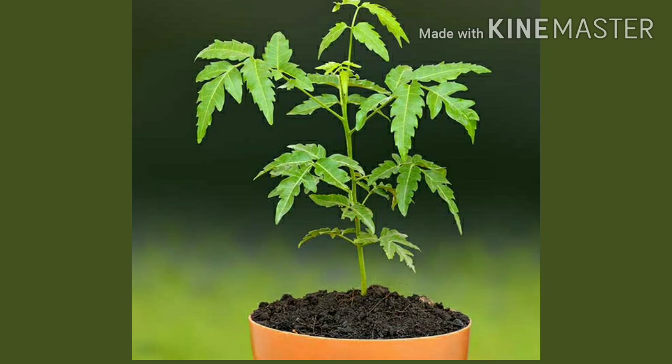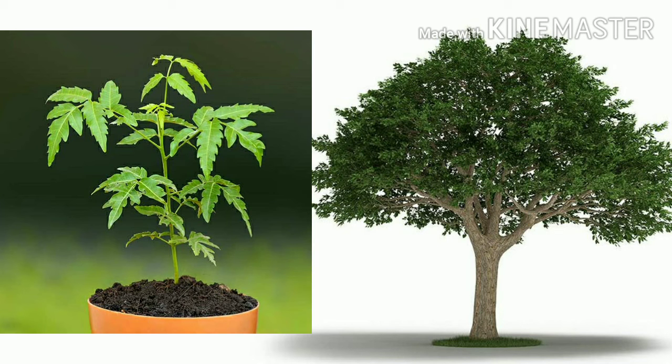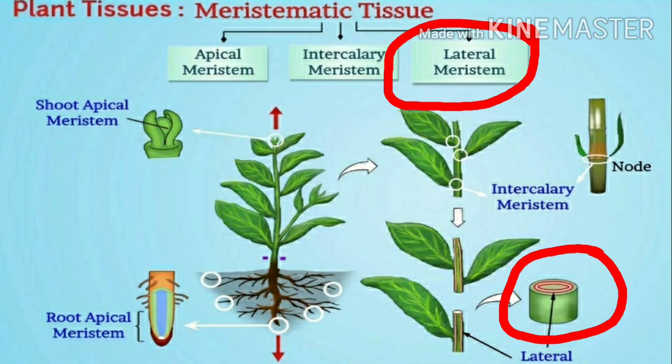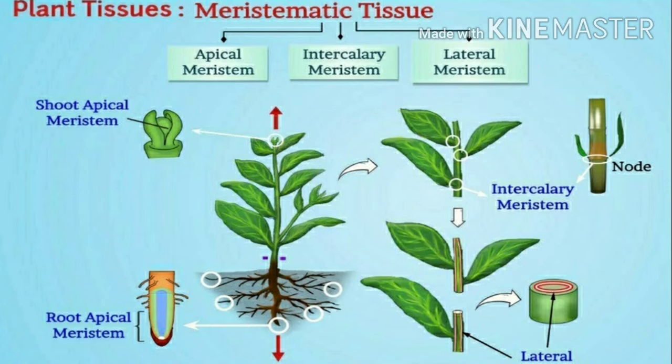When the plant grows, it changes from herbaceous type into woody type. So in this condition, the meristem that is found in the mature regions of roots and shoots is called secondary or lateral meristem. Now the lateral meristem forms a circular structure, and as the plant grows it keeps on adding and looks like a cylinder.